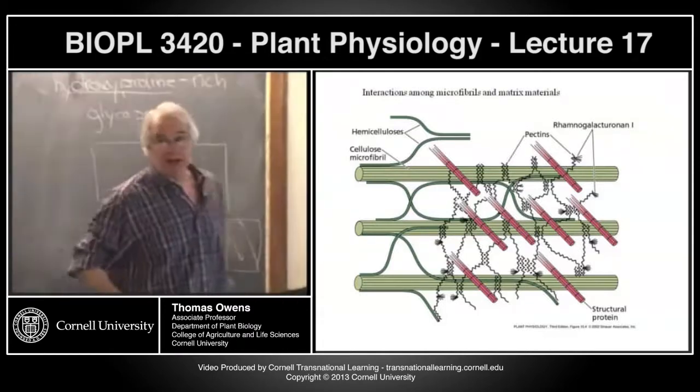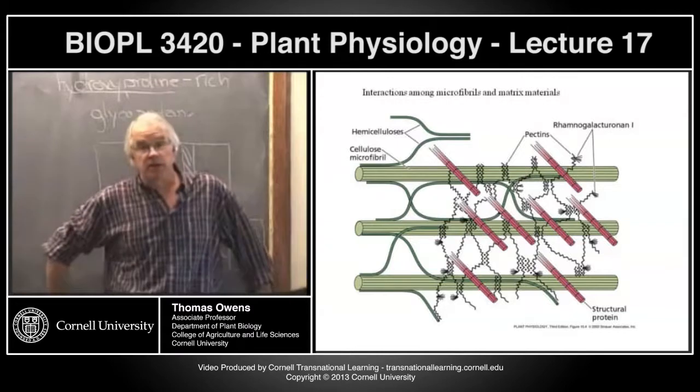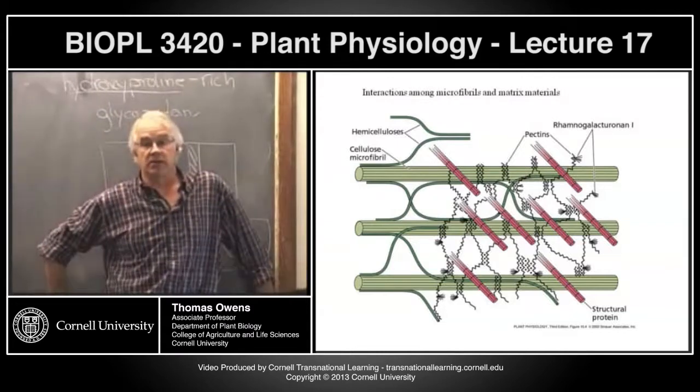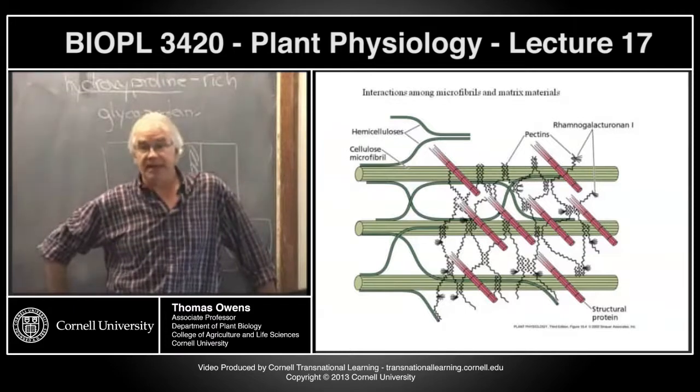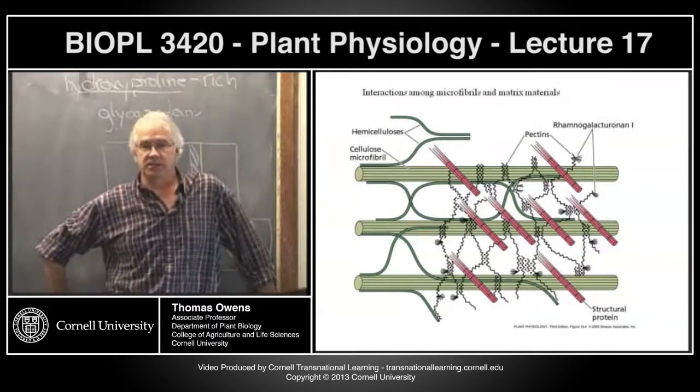The details of how this works are just becoming available to us now. But we know that expansins are wall proteins, pH-dependent wall proteins that are necessary for growth of cells.